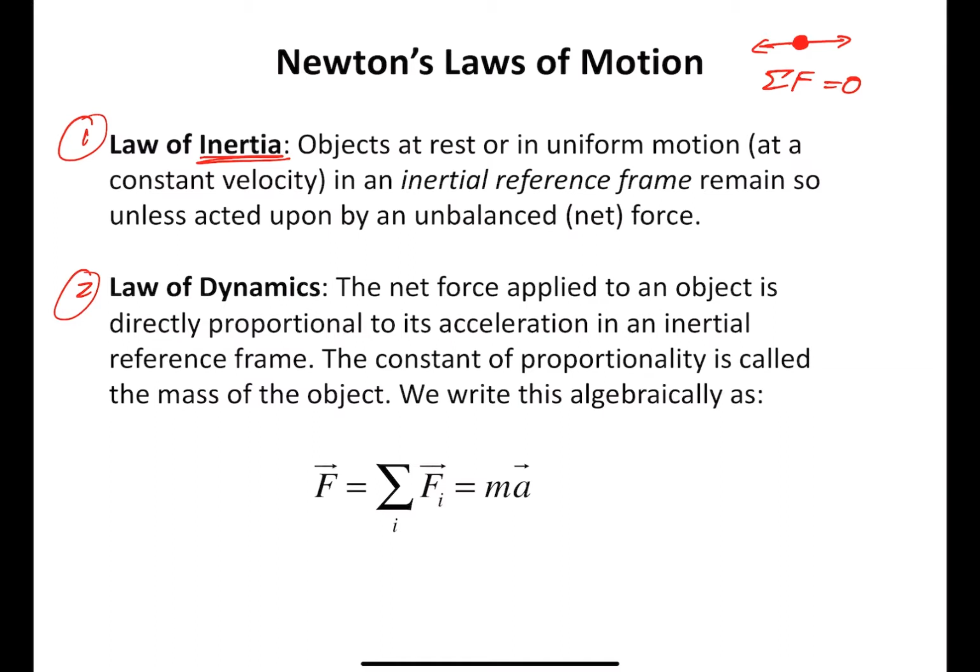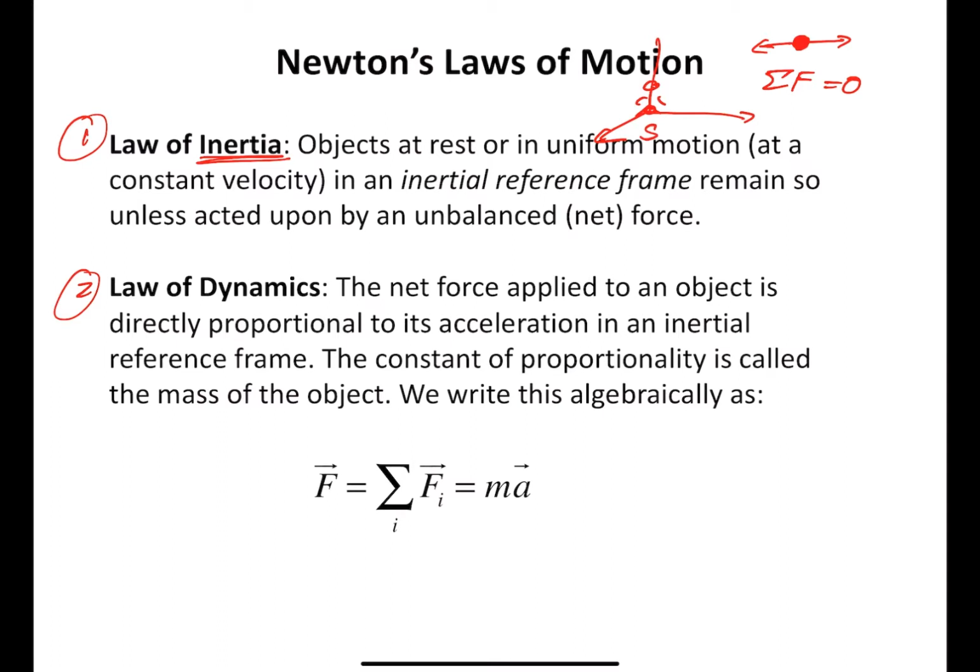The second condition is that when you look at the object, you have to set a coordinate system. If you are sitting or standing in this coordinate system and you observe this object, and there's no force or the sum of the forces equals 0, you will find the object is either moving at constant velocity or at rest with respect to you, the observer's frame.